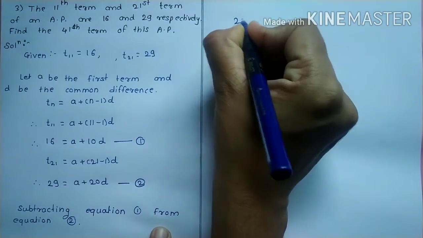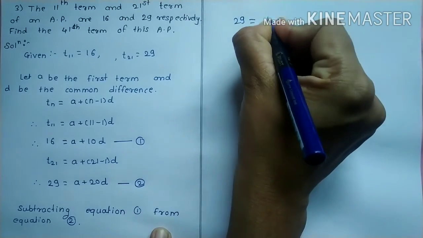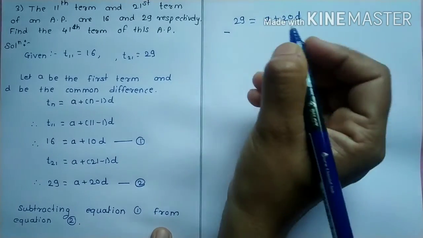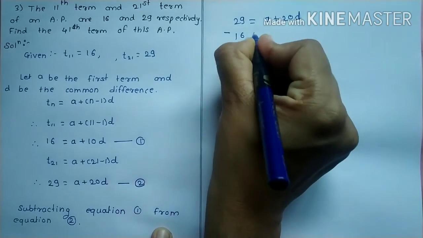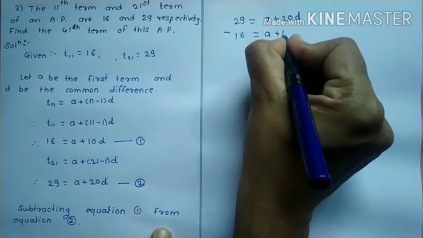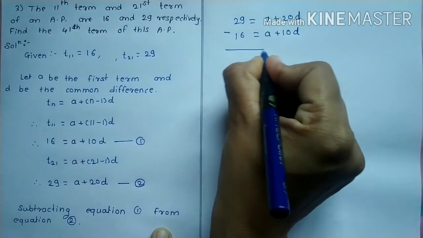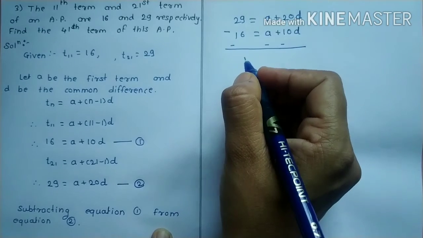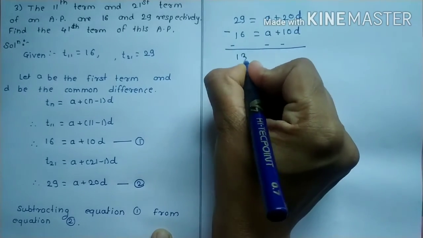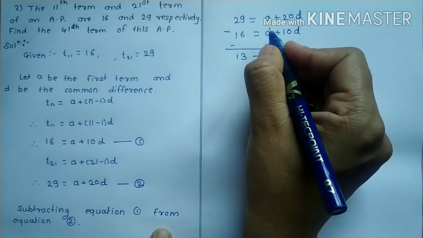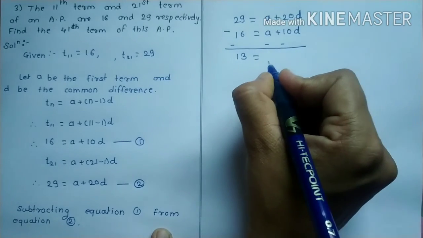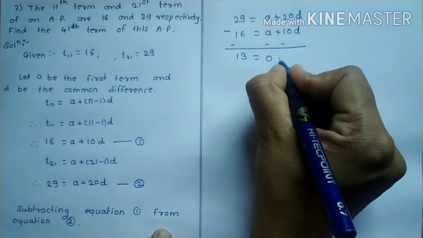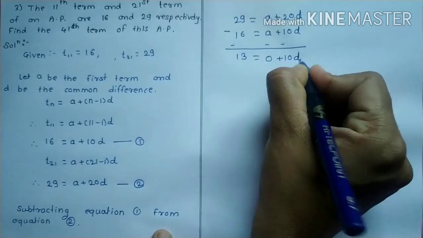Subtracting equation 1 from equation 2. That is 29 equal to A plus 20D, minus equation 1, 16 equal to A plus 10D. 29 minus 16 is 13 equal to, A minus A is 0, 20 minus 10 is 10D.